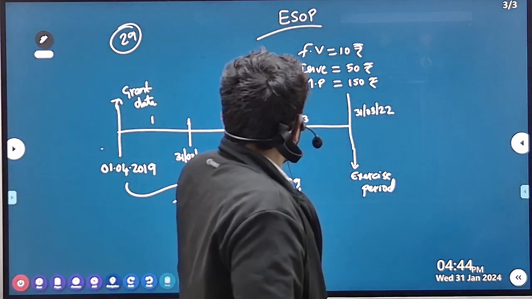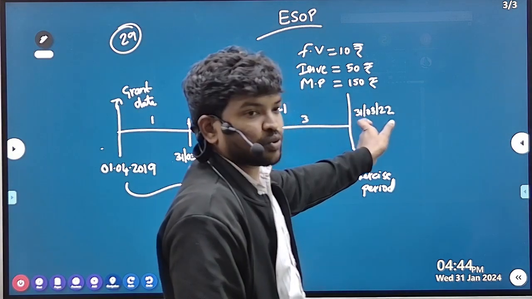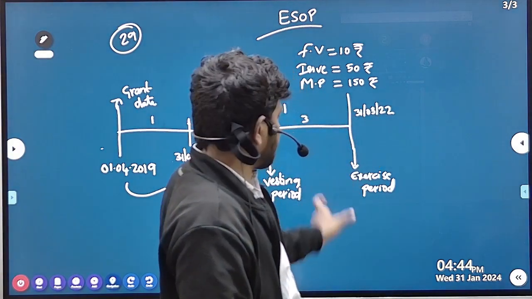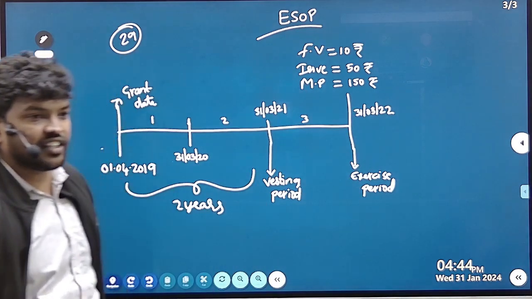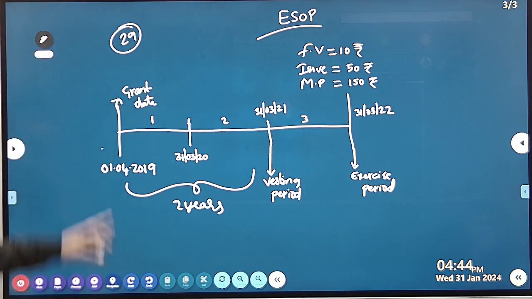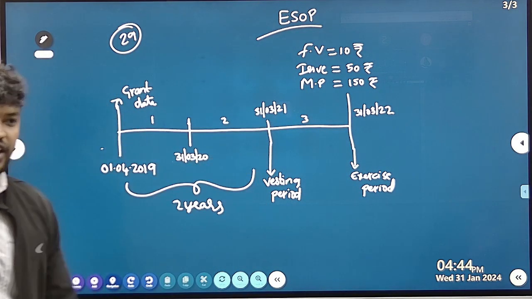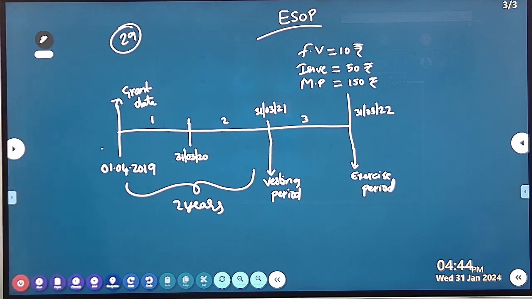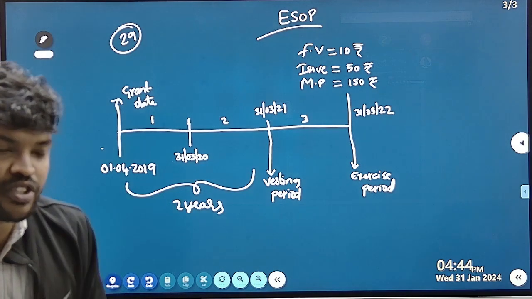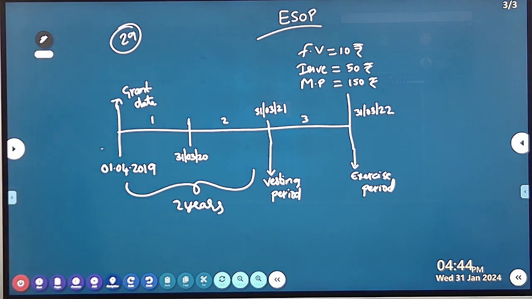After that, 1/4/2021 से 31st March 2022 तक एक्सरसाइज पीरियड है 1 year का, समझ गया? टोटल 3 years, ओके, अंडरस्टूड? एक्सरसाइज पीरियड स्टार्ट्स ओनली आफ्टर द वेस्टिंग पीरियड, यू शुड नोट दिस पॉइंट, क्लियर? हाँ, नाउ कॉन्सेप्ट क्या है?